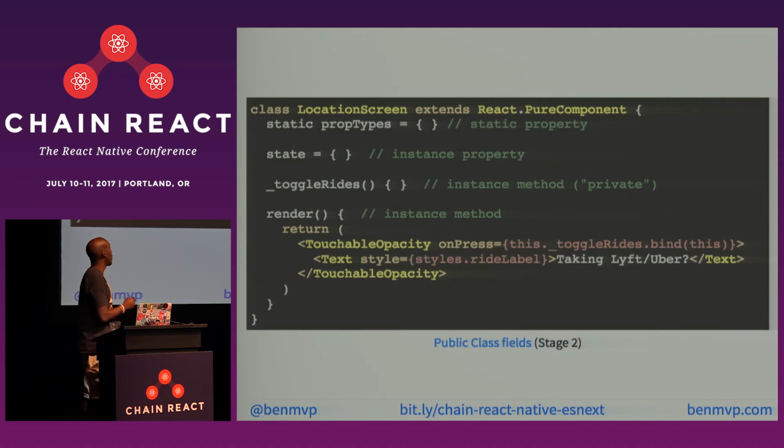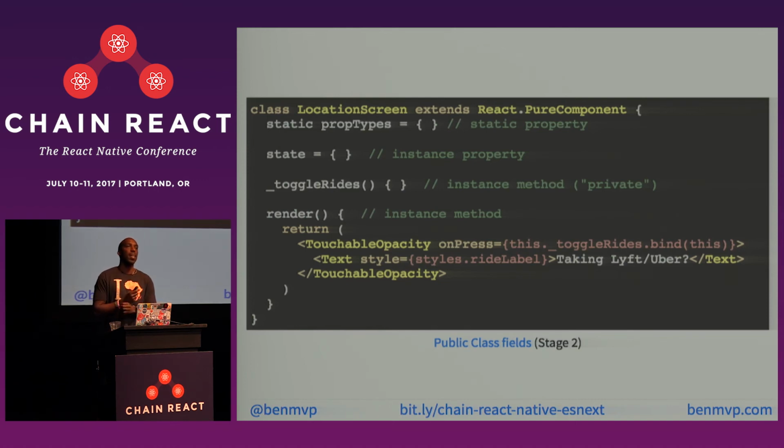So this is how you're able to do static prop types and state as declarations because of this proposal, the public class fields. So this is nice because now instead of doing assignments of the static properties and assignments of the instance properties, you can now declare them right in the class so that you can kind of see, oh, these are the static properties, these are the instance properties. But you still have to do the bind here for that toggle rides method.